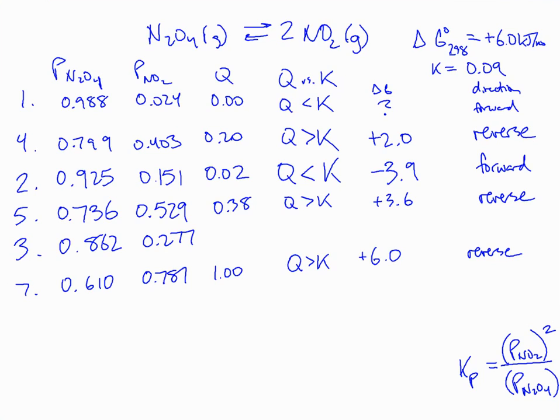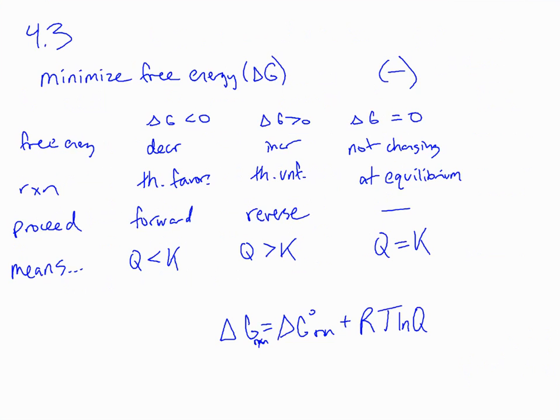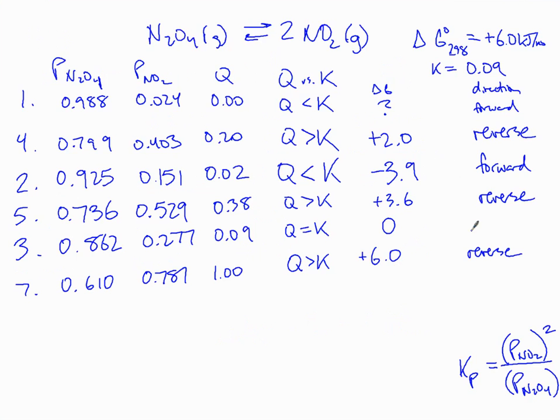Tell me what they are. 0.09. Good. Q equals K. Okay. So the direction, if you look back in your notes just a little bit, when Q equals K, this is what we're going to call it. So we're at equilibrium. Yes, good job.